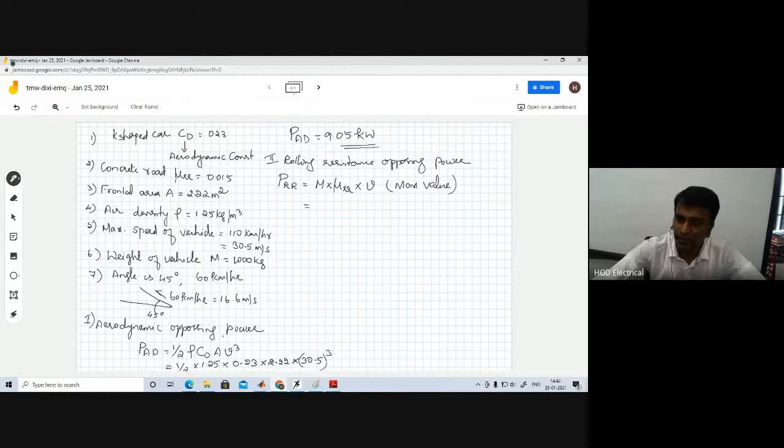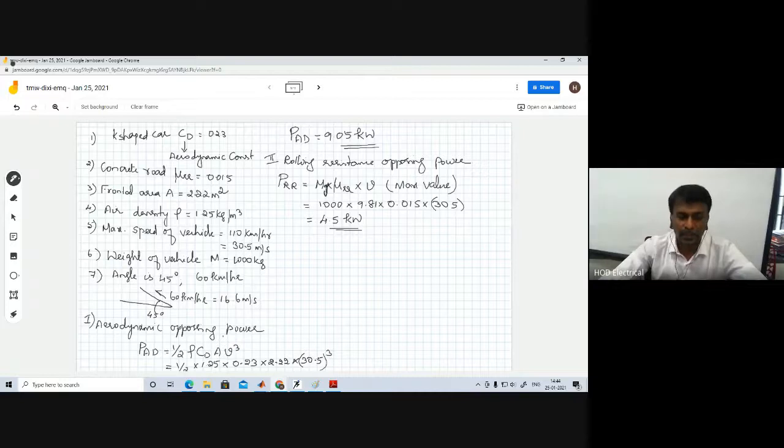So it is 1000 into 9.81 into 0.015 into 30.5, that is 110 kilometer per hour converted into meter per second. So we get 4.5 kilowatts.